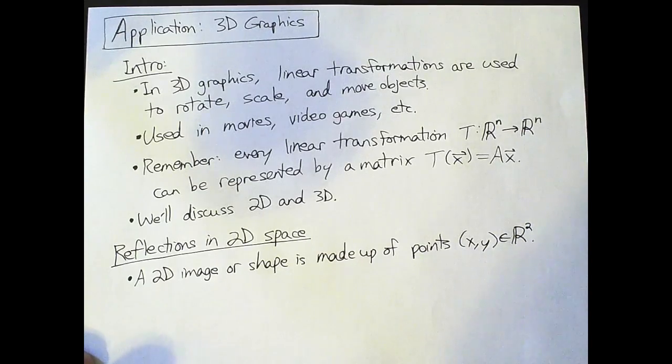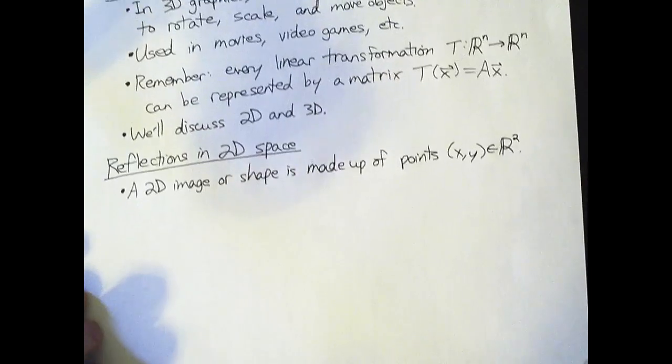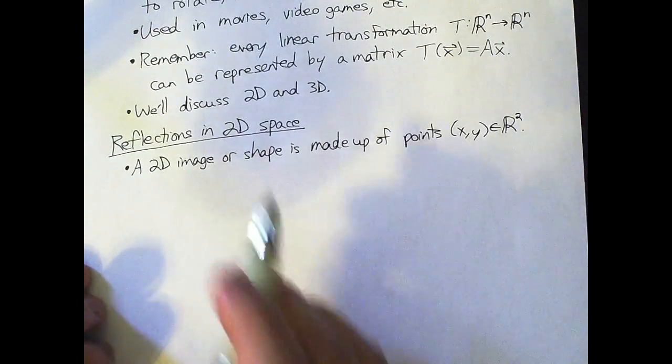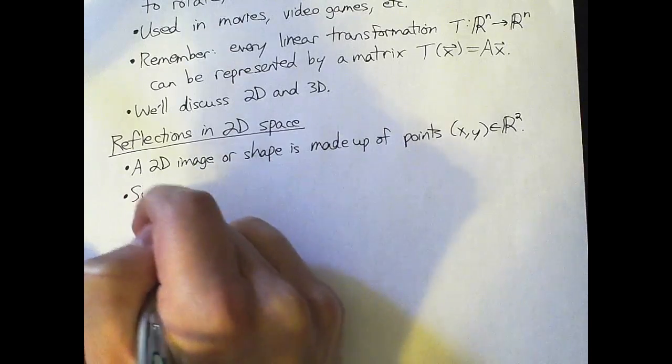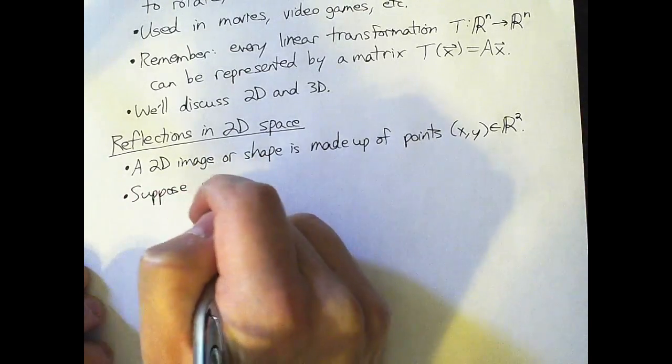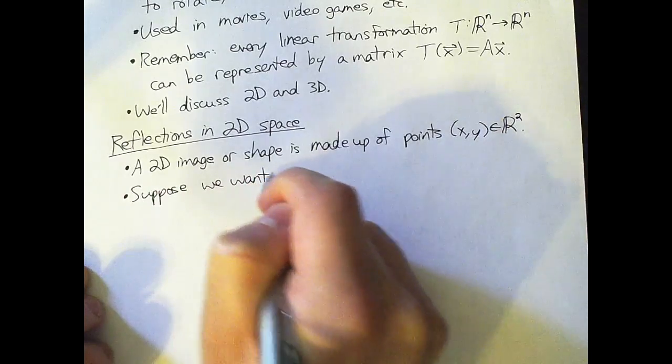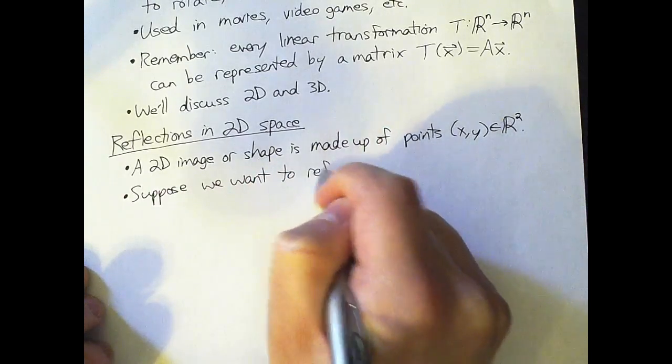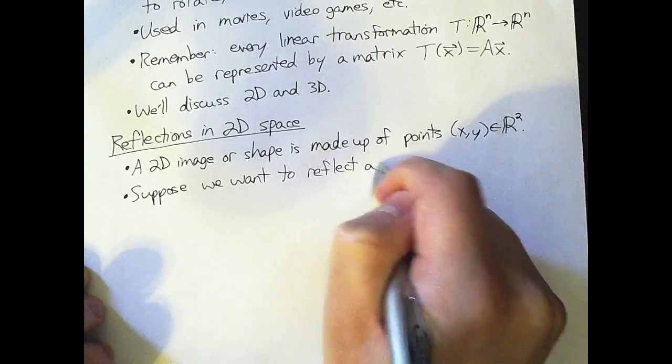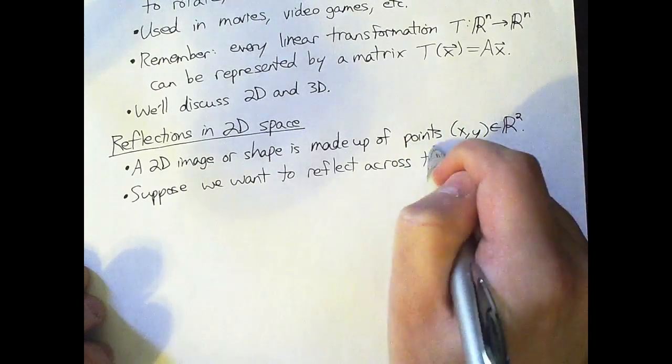We can write them as vectors, or we can write them as ordered pairs. So suppose we want to reflect across the x-axis.